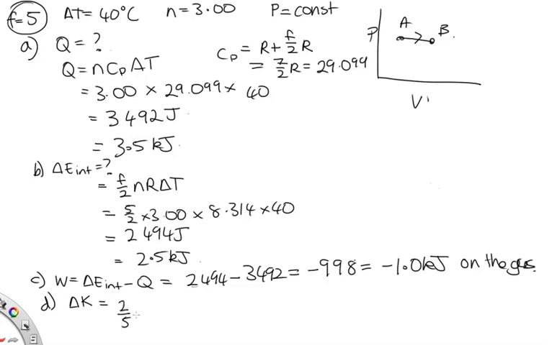So it'll be 2/5 times 2.5 kilojoules, which is 1.0 kilojoules. The other way to do it would be to substitute in just a 2, to calculate for the rotational degrees of freedom.